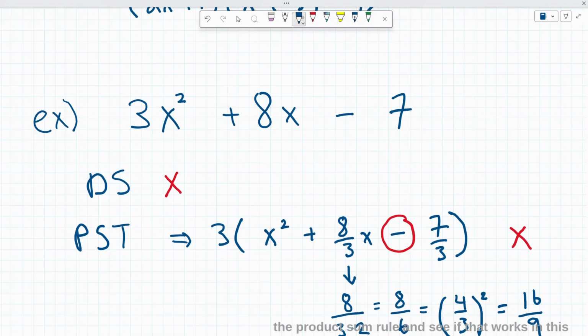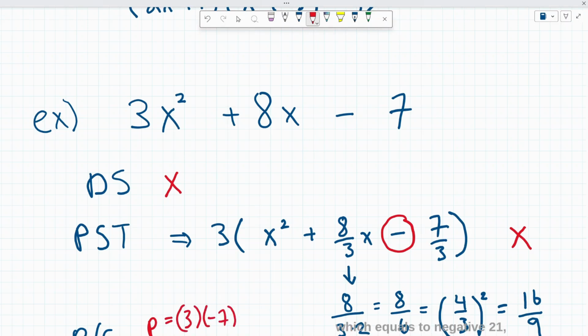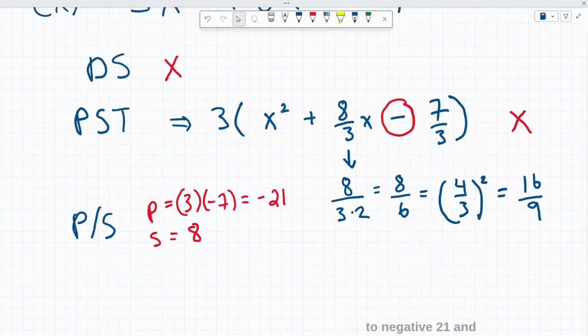Let's try the product sum rule and see if that works in this case. So we have a leading coefficient of 3, so we have to use our second strategy. Let's look. Our product equals 3 times negative 7, which equals negative 21, and our sum equals 8. Can we find 2 numbers that multiply to negative 21 and add to 8?